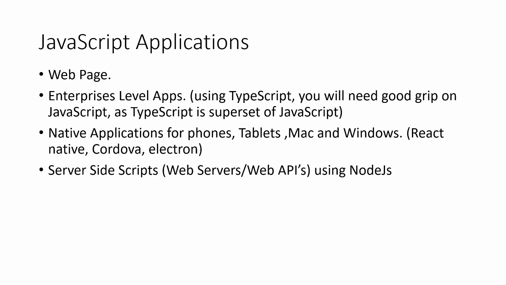Having a good hold on the language can help you develop native applications for phones, both Android and iPhones, and tablets using React Native or Cordova. You can also develop desktop and laptop applications for both Mac and Windows using Electron.